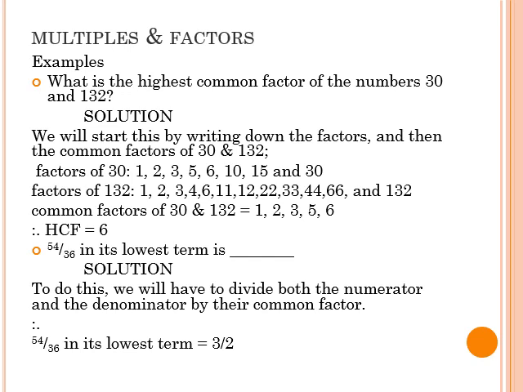Among the factors of 132, we have 1, 2, 3, 4, 6, 11, 12, 22, 33, 44, 66, and 132.